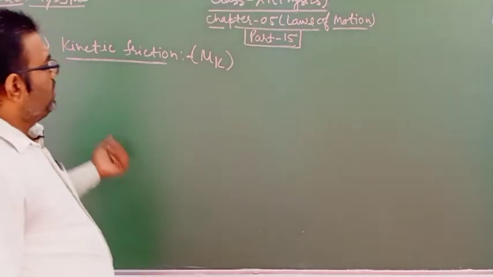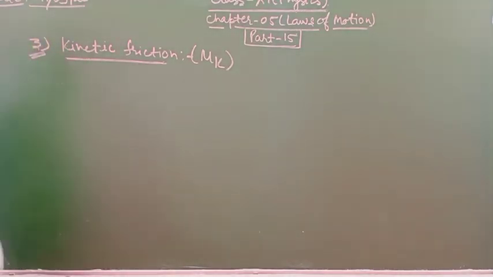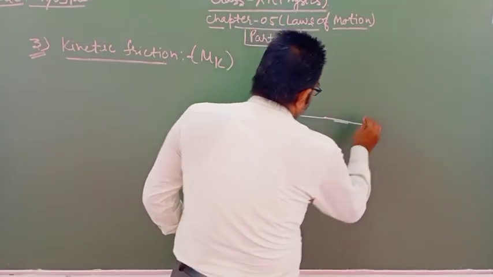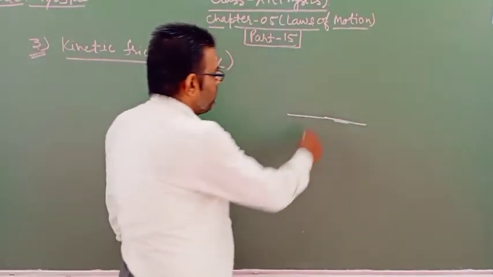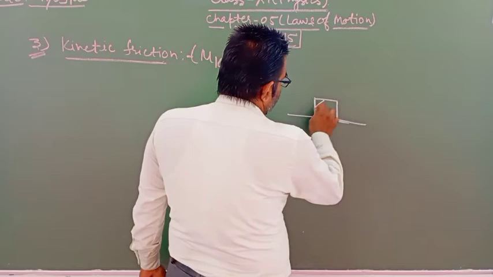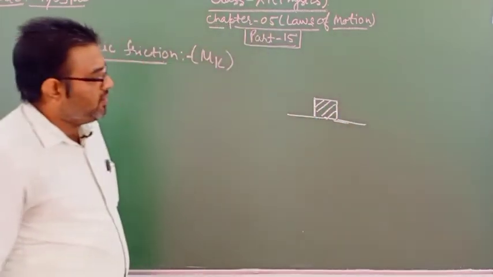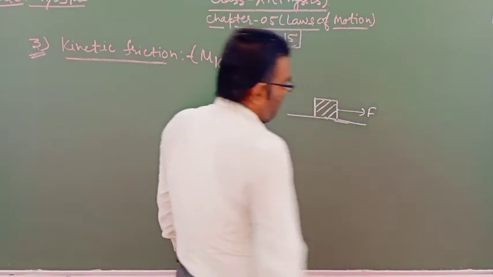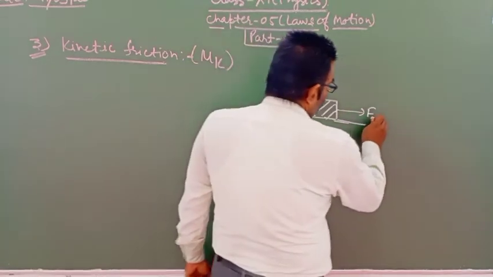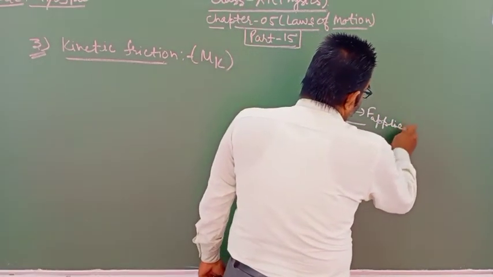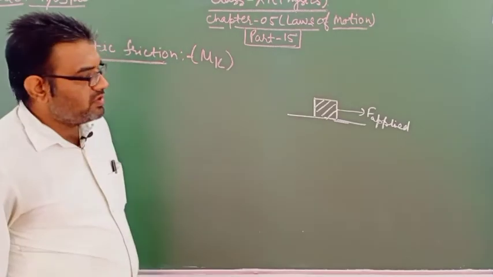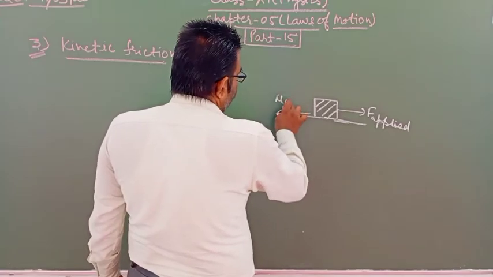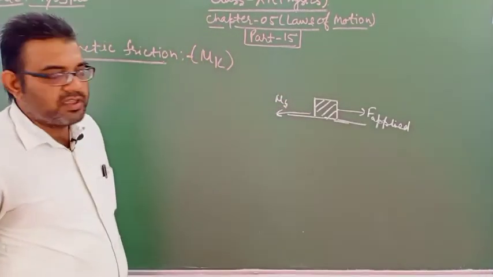So, dear students, how can we define kinetic friction? First of all, understand the concept behind it. Look here. If an object is placed over this rough horizontal surface and a force F is applied on this block, then a static friction starts acting over this object.